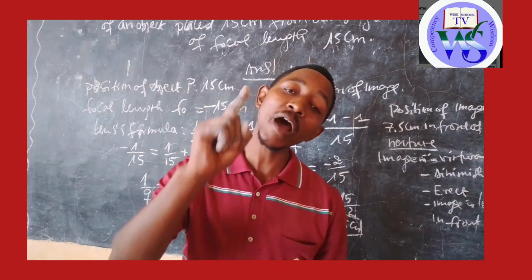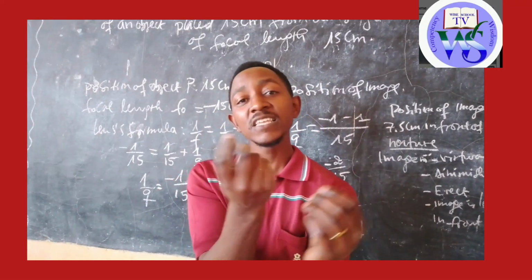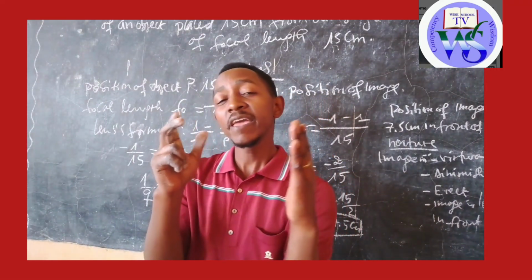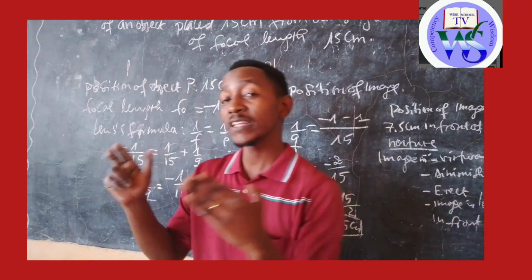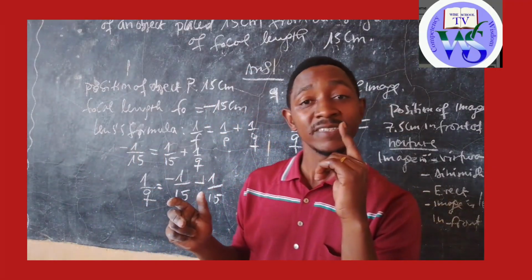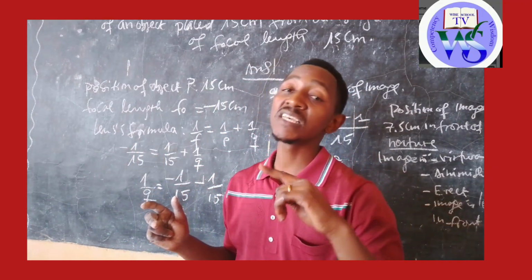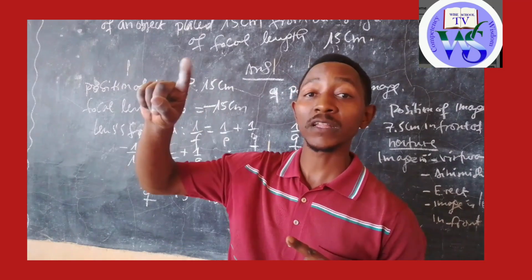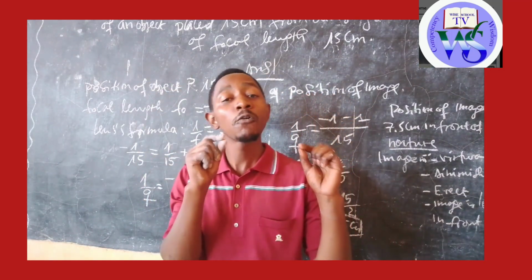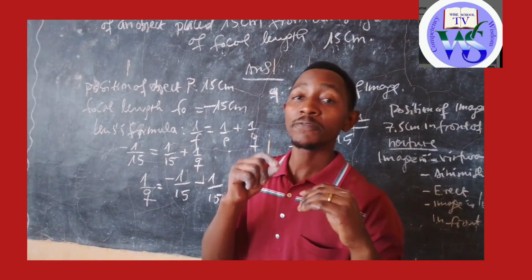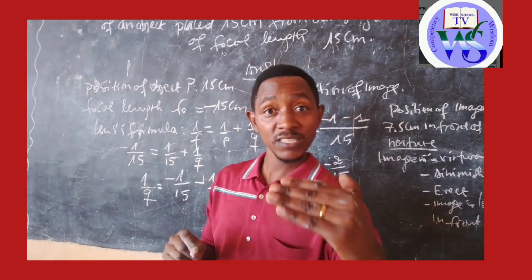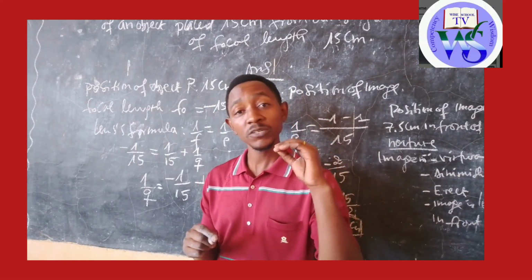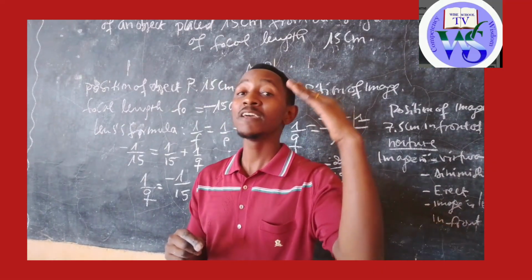The exception is when the object is between the focal point and the lens, where the image is virtual and magnified. In that case, for a magnifying lens, we use a converging lens, and the object position is less than the focal length.